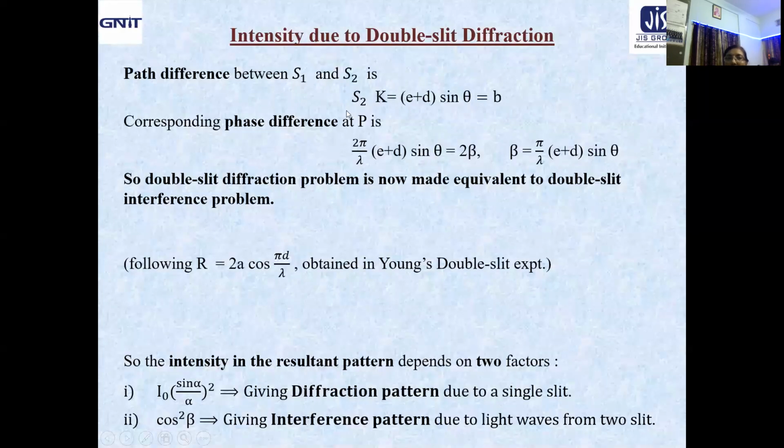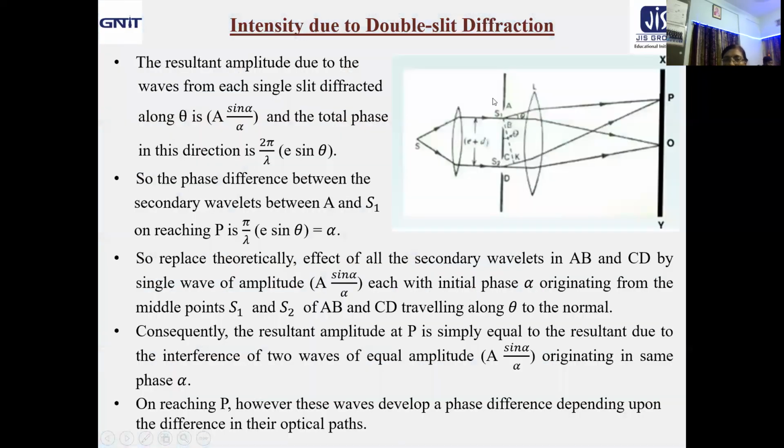Now path difference S2K equals (e plus d) sine theta equals delta. Just take a look, that is S2K. What about S2K? S1S2 sine theta. What about S1S2? That is e plus d, because from S1 to B it is e by 2, from C to S2 it is e by 2, and this is d.